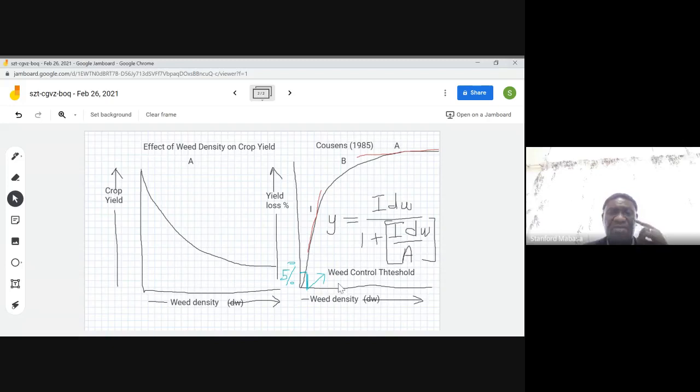Okay, so this becomes our weed control threshold.